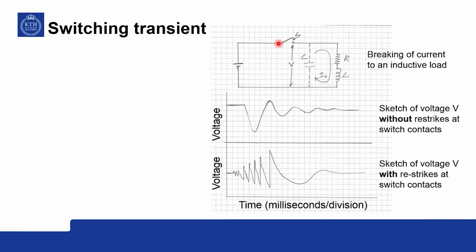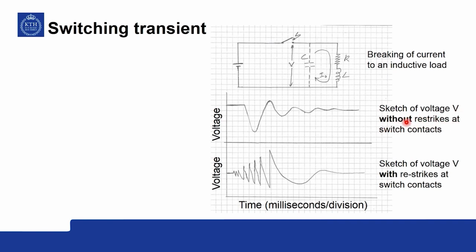Say for example, across the switch you have a potential difference, and when the switch is opened, this potential difference will create an arc sometimes. So, you can have switching with arcing and without arcing, and with arcing it will have a more severe noise issue, EMI issue.